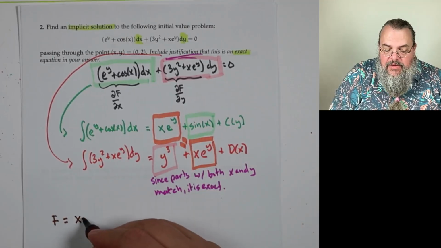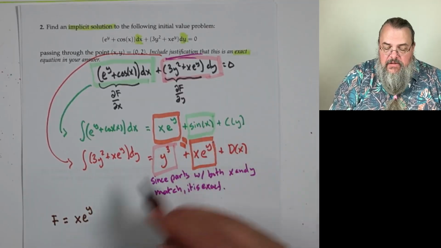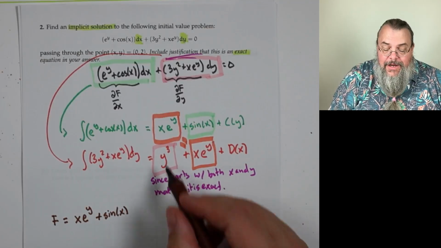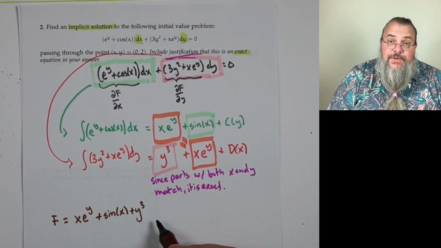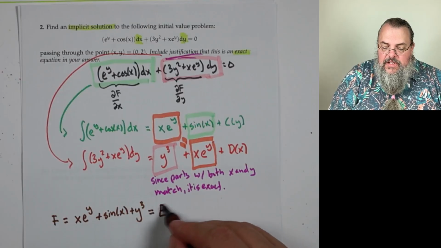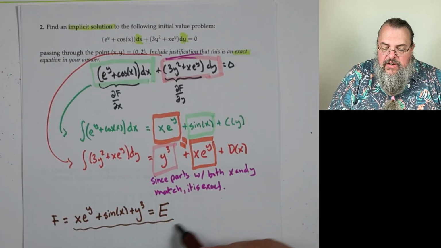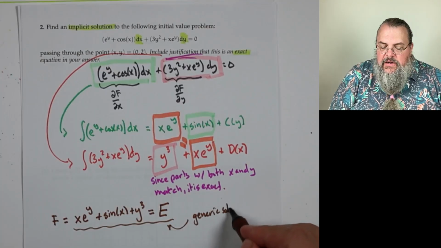The pieces that were in both, and they had to agree. Anything with just x, that gets thrown in. Anything with just y, that gets thrown in. Now that's f up to a constant, and so you set this equal to some constant here. Okay, so here, this is sort of the generic solution. All right, good.